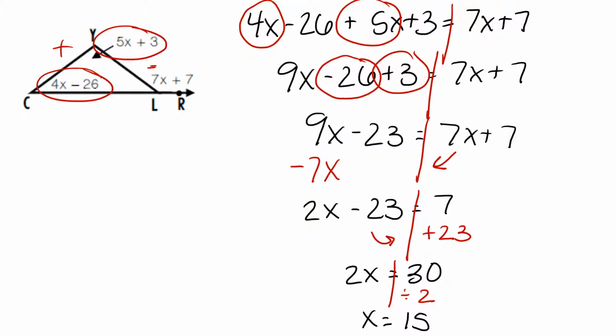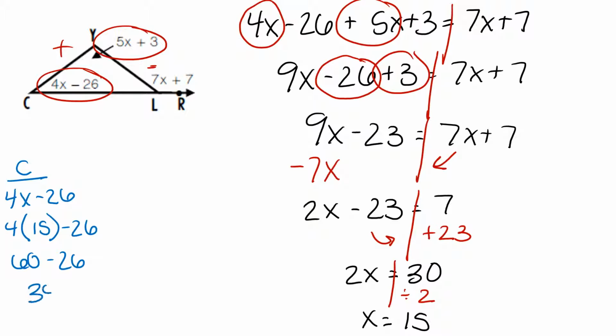In our last step, we take each equation and plug our answer into it to solve for the angle measure. For angle C, we use the equation 4x minus 26. So 4 times our answer, 15. 4 times 15 is going to give us 60. 60 minus 26 is going to give us 34.